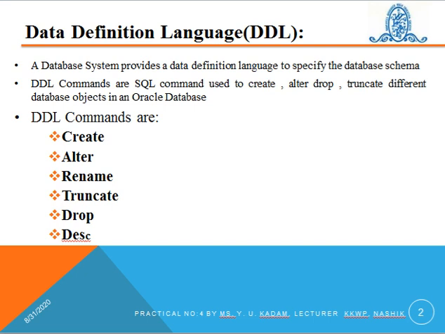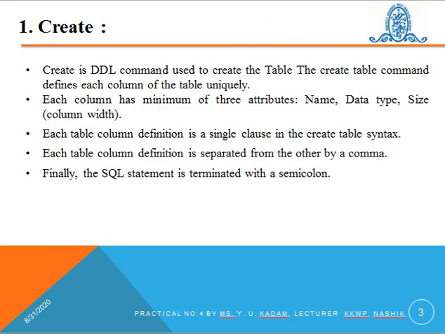In short, we can say that data definition language commands, that is DDL commands, are used to work with the database structure. These DDL commands are create, alter, rename, truncate, drop and describe. One by one, let us have the view of all the commands.